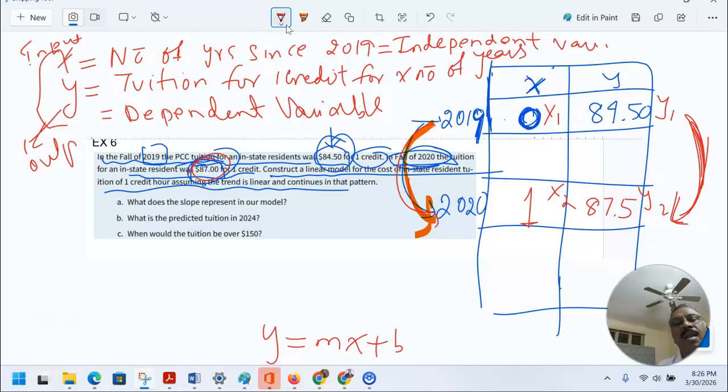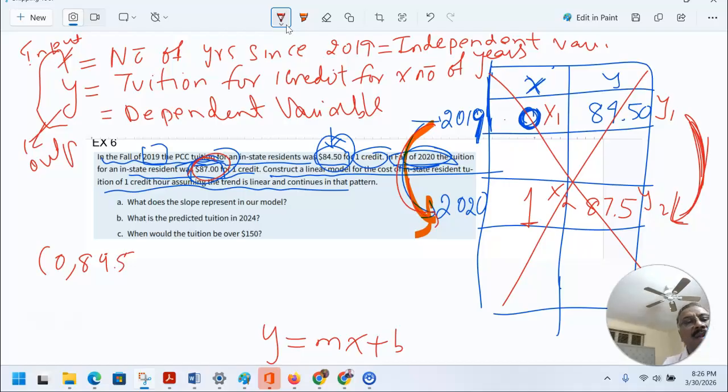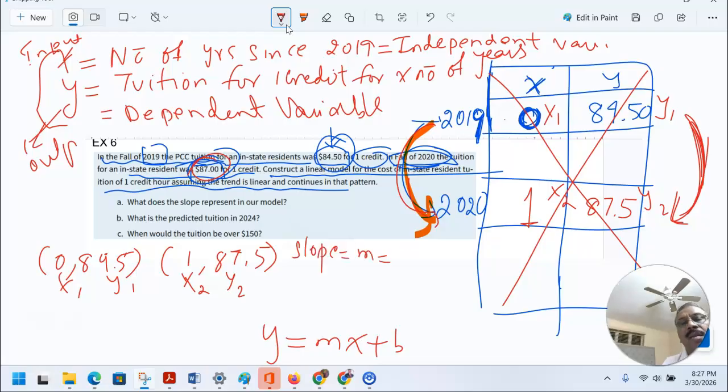The two points are 0 and 84.50, right? You don't need this table, I just thought I'd show it. You can just put the numbers like this. And the other one is 87.5. So this is your x1, y1, and x2, y2. And we want to find the slope first. To find the slope, it is y2 minus y1, same thing. And you plug in.